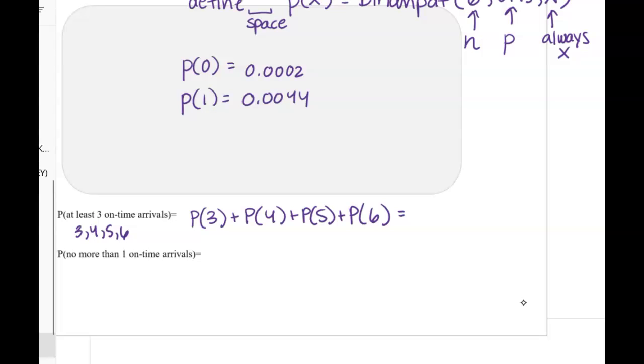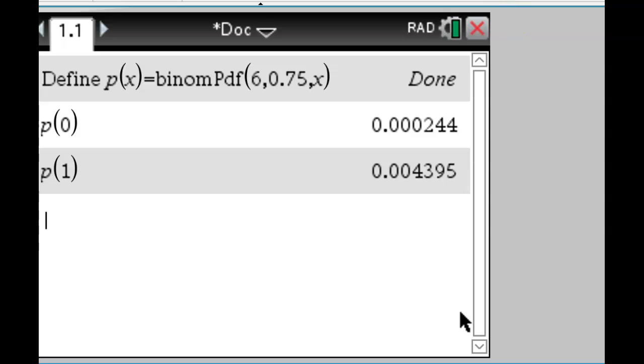So this function that we have in our calculator will be stored until we put anything else back in it. This P of x equals binomPDF function is going to be stored until we put in another one.